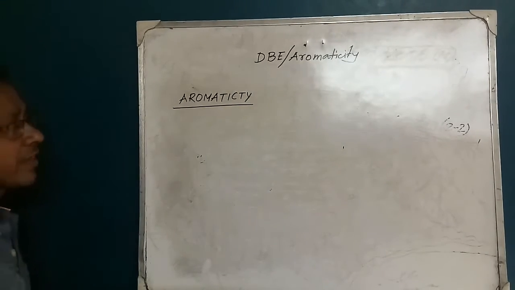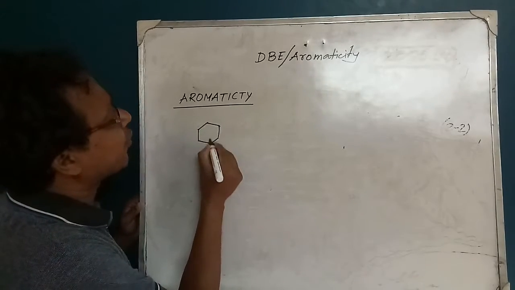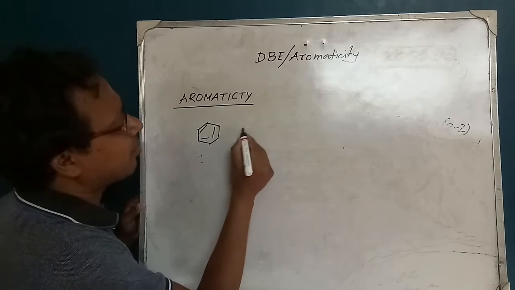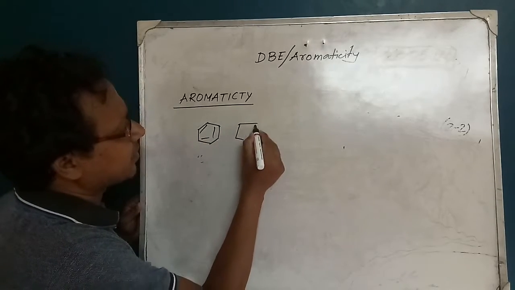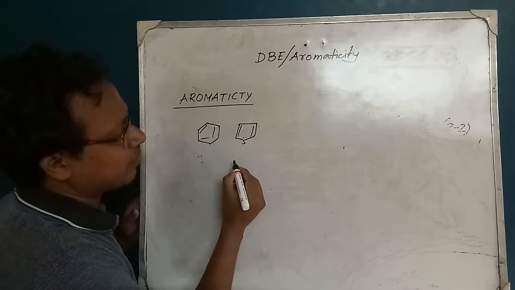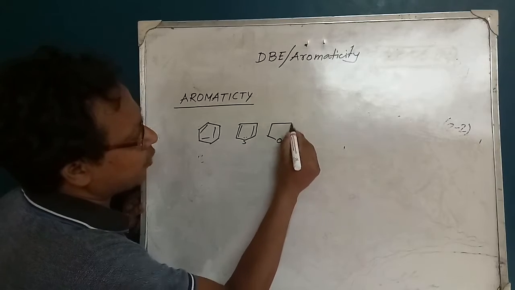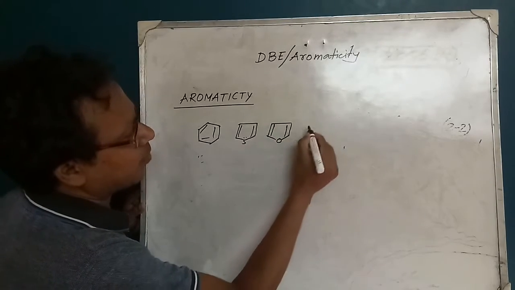Now I am showing you some examples of aromatic compounds. Here, we already know that it is benzene, an aromatic compound. That is thiophene, with the lone pair of electrons of sulfur. It is an aromatic compound. That is furan, an aromatic compound.